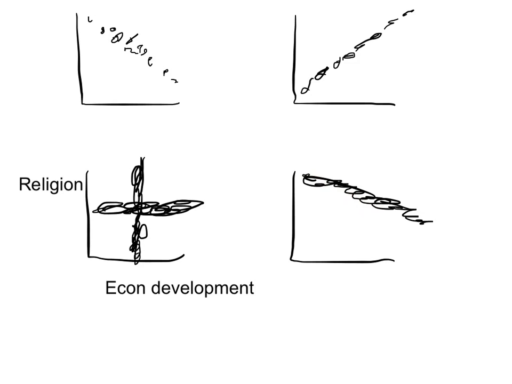In this case, to get from Pearson's R, which is negative 0.7, to R squared, you square Pearson's R. So negative 0.7 multiplied by negative 0.7 is positive 0.49. It would be correct to say that the level of economic development explains 49% of the variation in level of religiosity, but not 70%, 49.